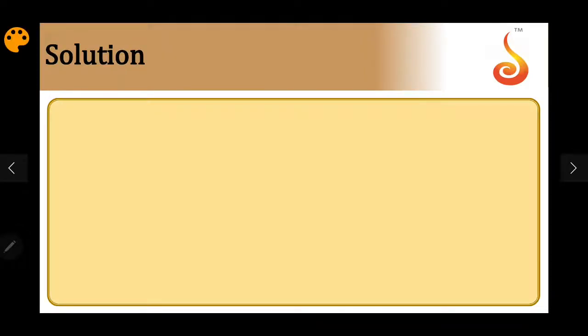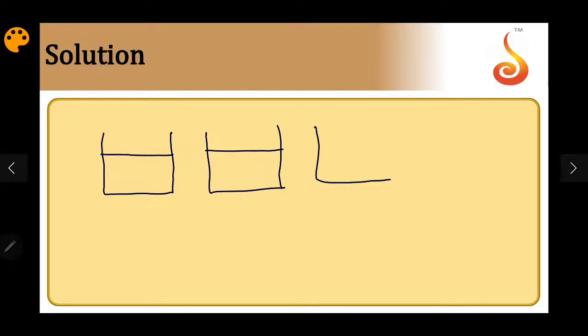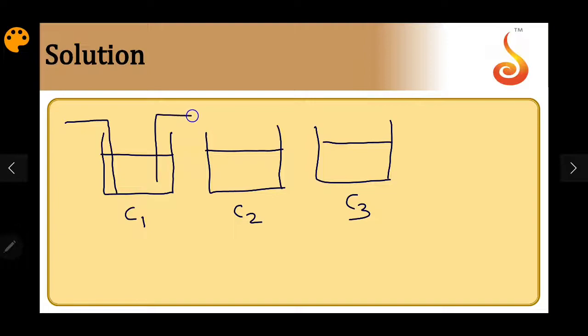So we know in the experimental determination of relative lowering of vapor pressure, you pass dry air through a series of bulbs, let us say this is 1, this is 2, this is 3, say C1, C2, C3. So you are passing air through this, again continuously through this, again continuously through this and going out.